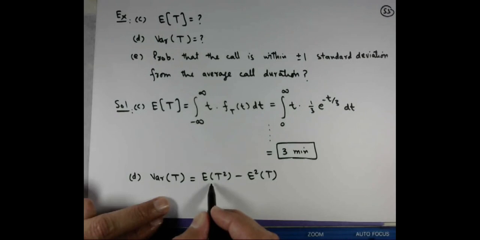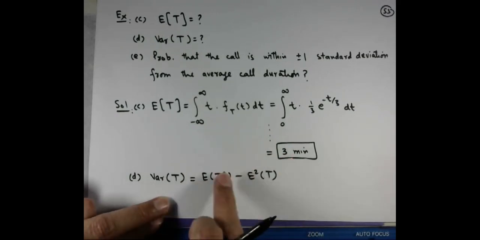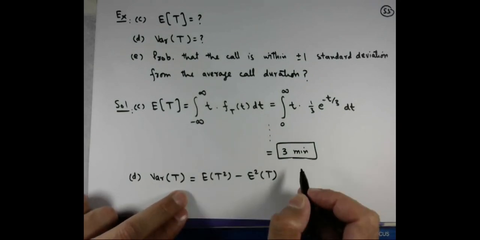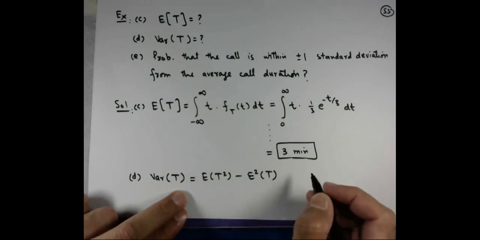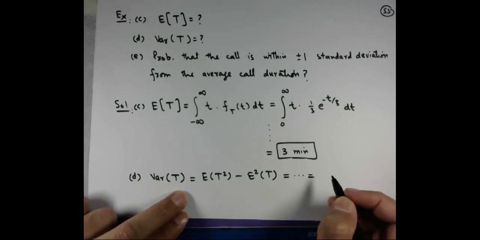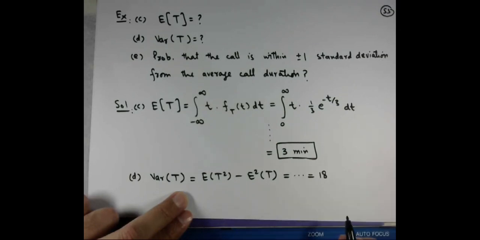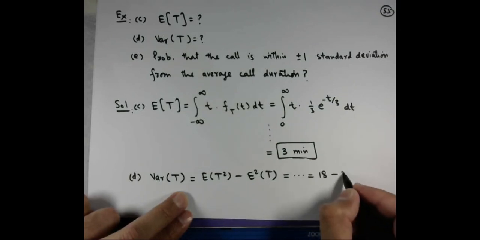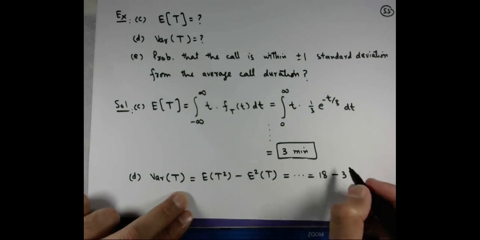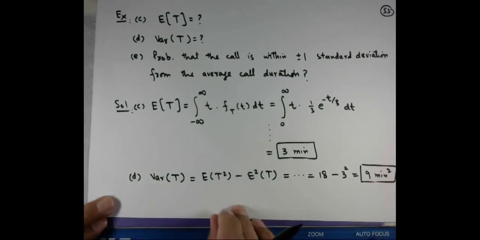You will find E of t square, and then you subtract the square of E of t. You will ultimately reach the variance. So you do it as homework. These are simple integrals. You will find that E of t square is 18 and E of t is already known, 3 square. So this becomes 9 minute square. So this is the variance.